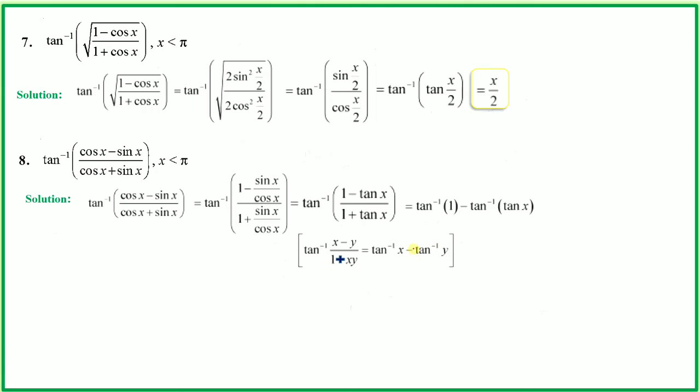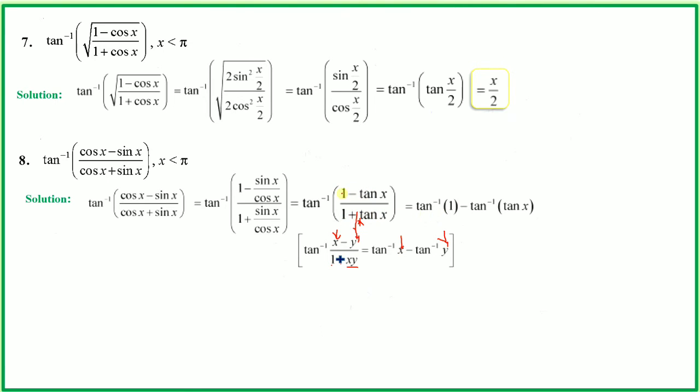If the first term is x, then the other is y, and in the denominator 1 plus the multiplication of both. So here we can write 1 into tan x.